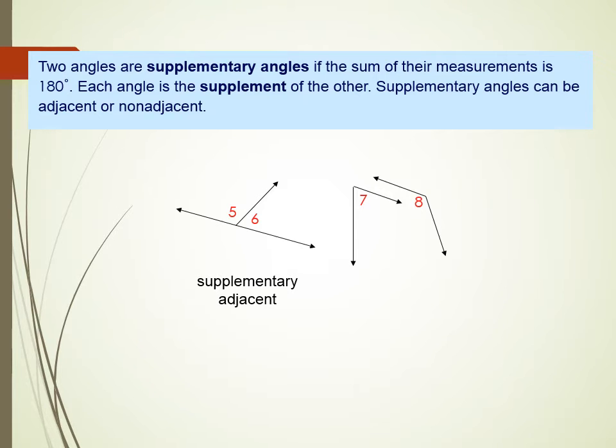They are supplementary. There's also one other pair that I didn't show, which is two 90-degree angles, two right angles. So 90 plus 90 would also equal 180.